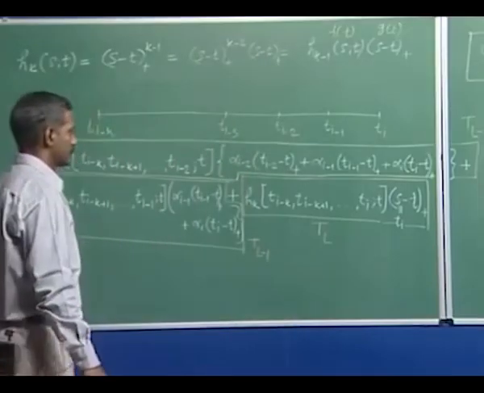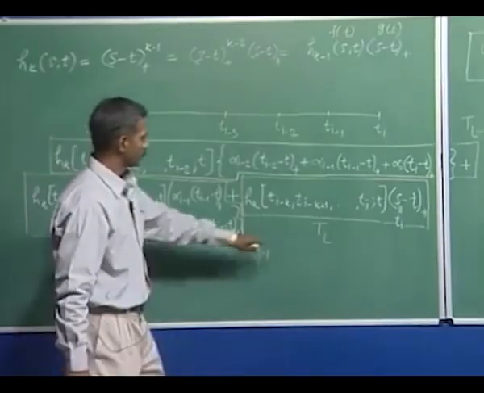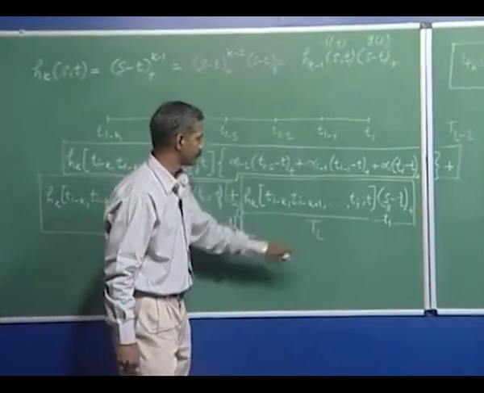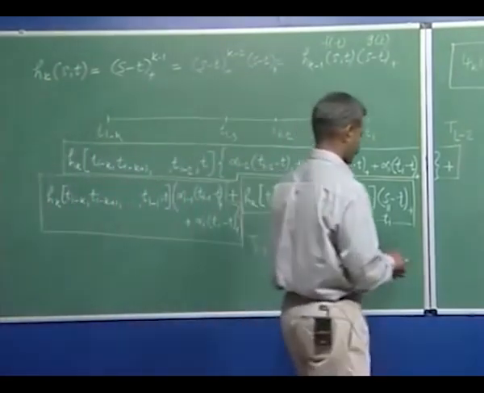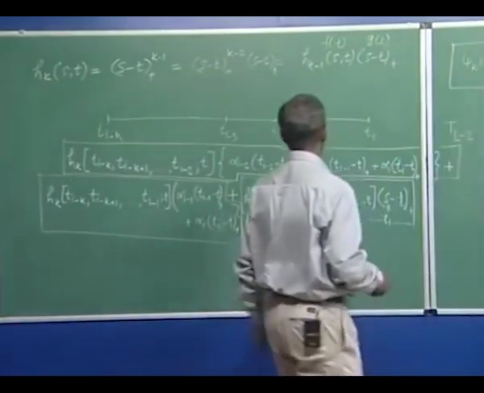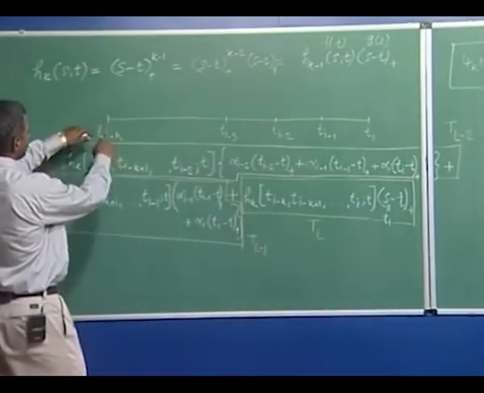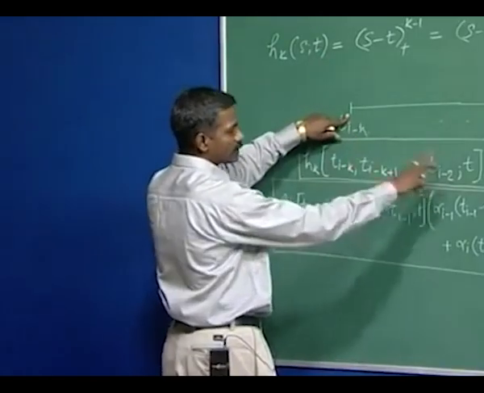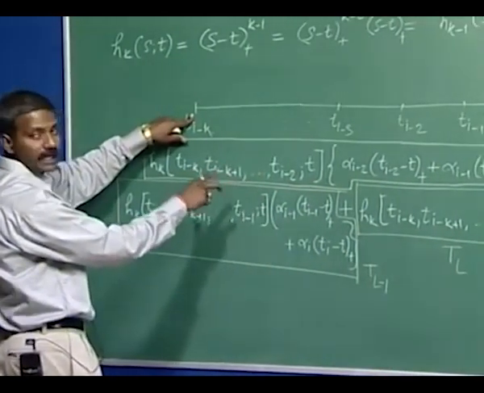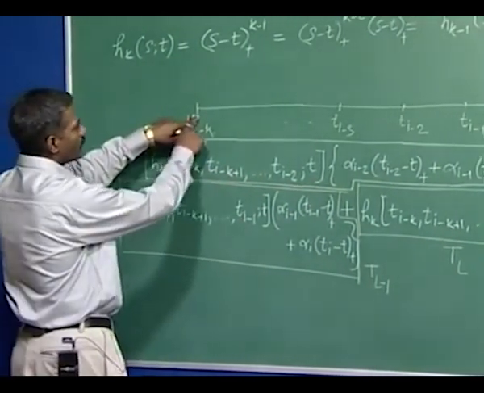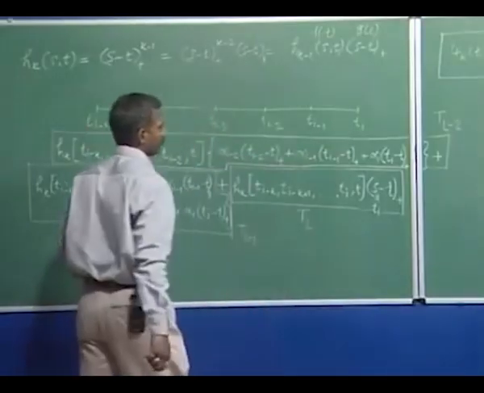L corresponds to the last term here. So let's concentrate on T_L. All I'm interested in doing is to figure out which of these terms will be 0 and which will be not 0 for values in between t_{i-k} and t_i.